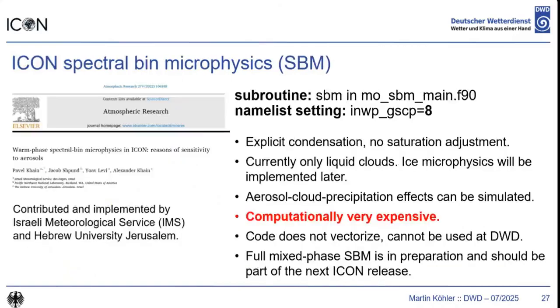And then there's another development from the Israeli Met service, and Pavel Khain has implemented a spectral bin microphysics. So spectral means that you divide the spectrum of size, the size distribution, into multiple bins, and you can then describe every single size separately in great detail.